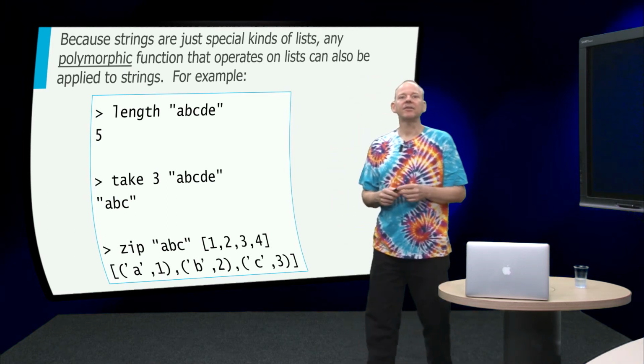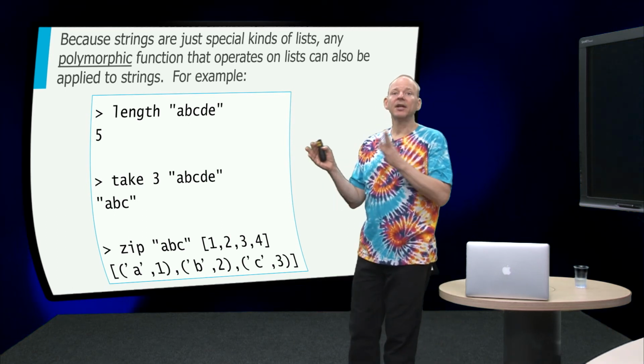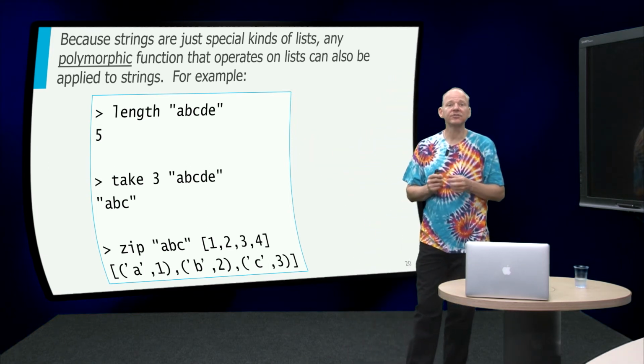For example, the length of ABCDE is 5. And why is that? Because that string is just a list of 5 characters, and so this uses the length function over lists.